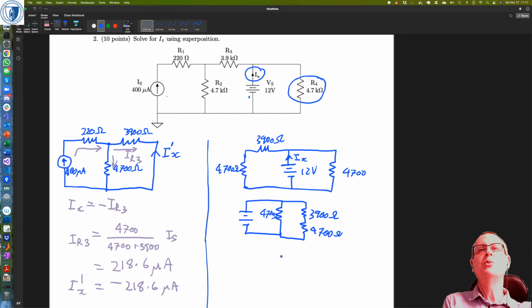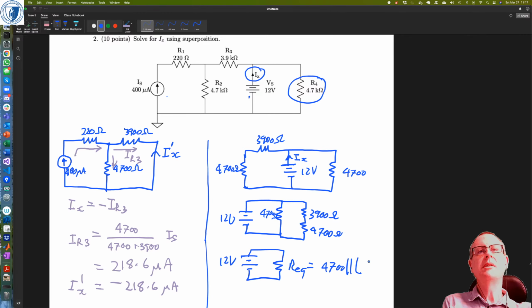Okay, so my R equivalent, and again that's 12 volts. My R equivalent is 4700 in parallel with 3900 plus 4700. So I can do my R equivalent there.